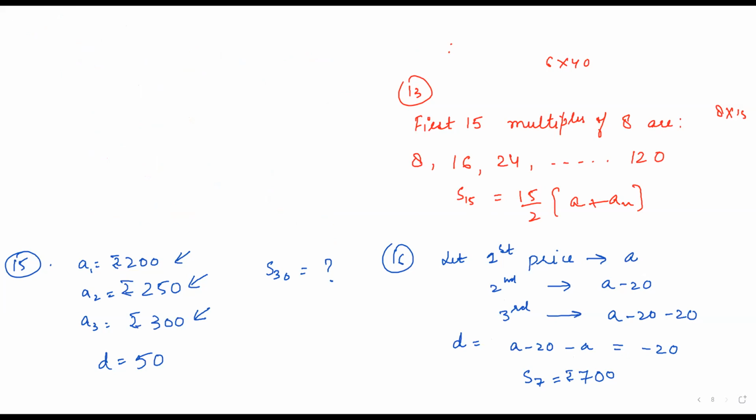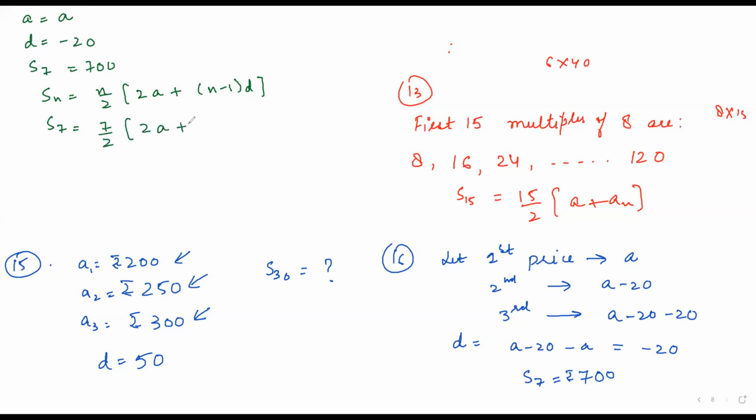Now write down what I have here. My A is A, I have assumed it. Then my D is minus 20. And I know S7 is 700. So Sn is n by 2 into 2A plus n minus 1 into D. So S7 is 7 by 2 into 2A plus 7 minus 1 into D, where D is minus 20.